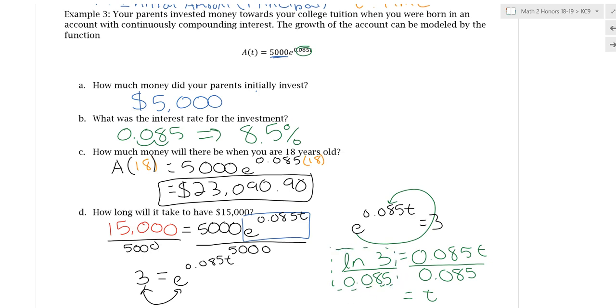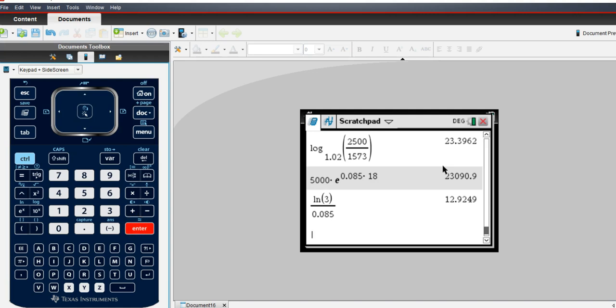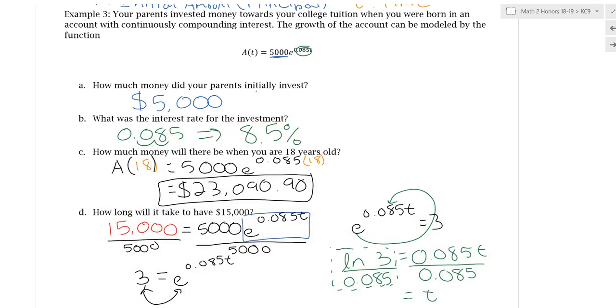The natural log of 3 divided by 0.085. So control natural log of 3. And we get 12.9, or I'm going to say 13 years. So it'll take 13 years before you have $15,000.